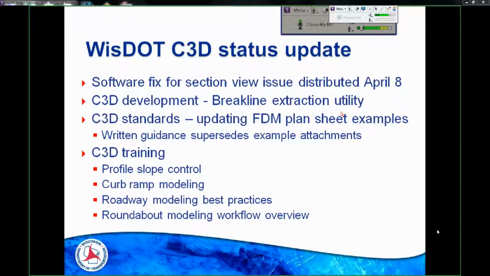The idea behind this break line extraction utility is that you point it at your refinement surface. Remember, your refinement surface is your finished design work, or the current state of your design work, your surface models that are in the refinement surfaces. You point that macro at the refinement surface. It works through the refinement surface definition.